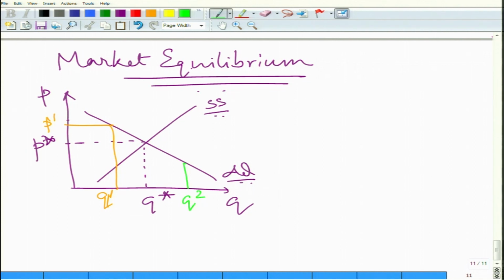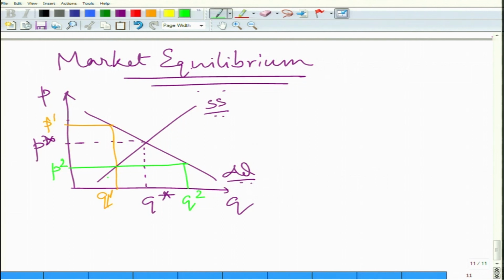Yes. So they may say that at this P2 price, which is very, very low, you will say that I can get Q2. You give me at this price, I will get Q2.